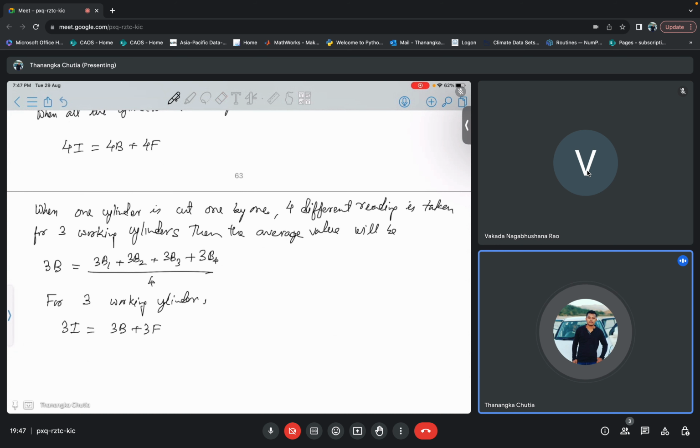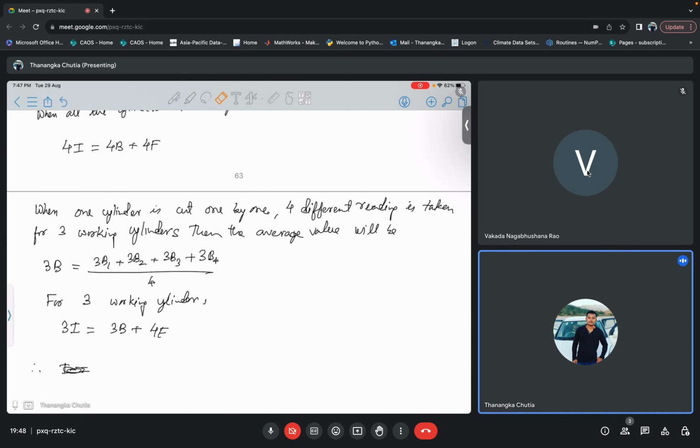But if you cut off a cylinder, you will not be able to minimize the frictional loss. So frictional loss will always be present there. Therefore, my indicated power I will be nothing but, if you subtract equation 1 and equation 2.